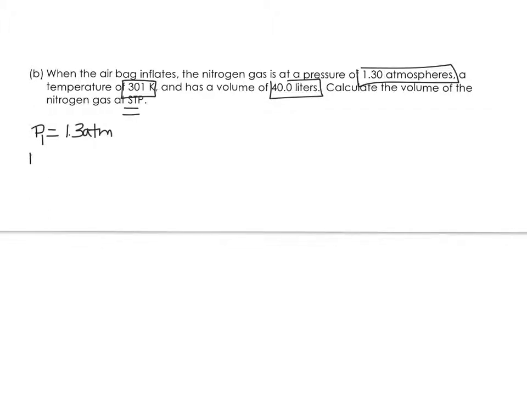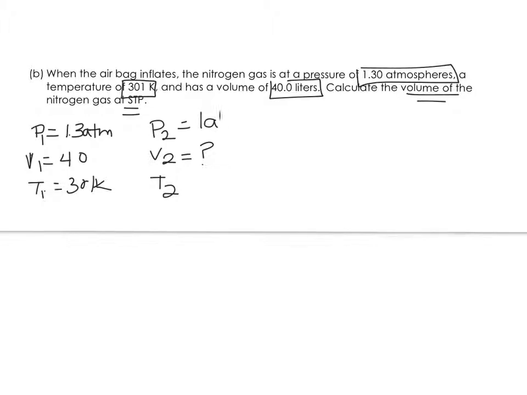My V1 is going to be 40 liters, and my T1, 301 K. Then P2, V2, and T2. So it seems as though I'm calculating the volume, so I'm going to put a question mark there. And then they tell me STP. So that means 1 atmosphere at 273 degrees Kelvin. You just have to know that that's what STP means. It's on the front of your reference table for you to look it up. You don't have to memorize it, but don't be confused by STP.